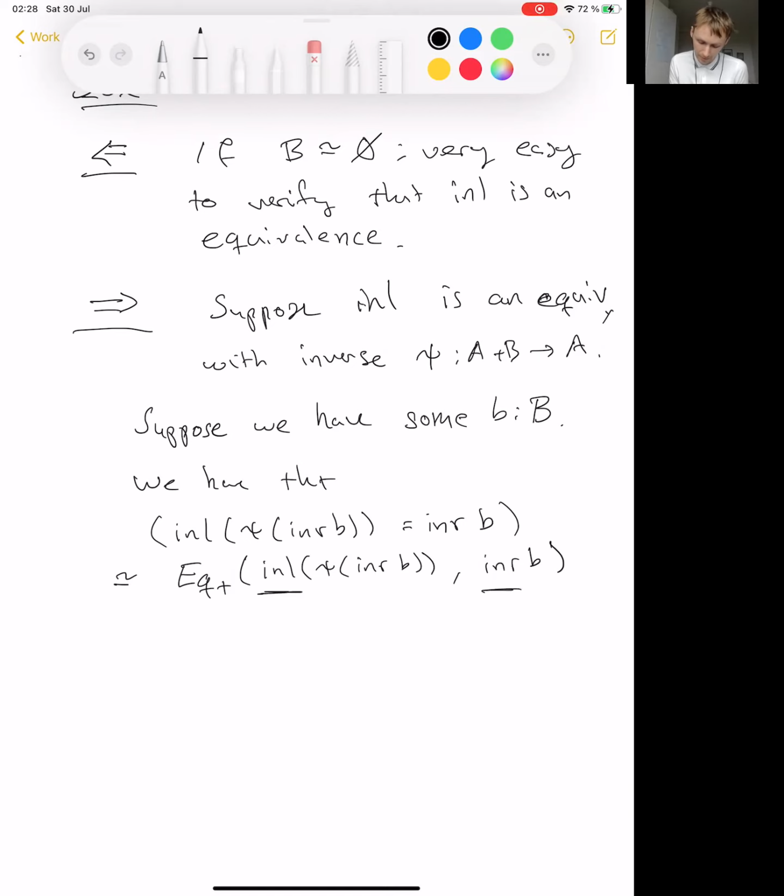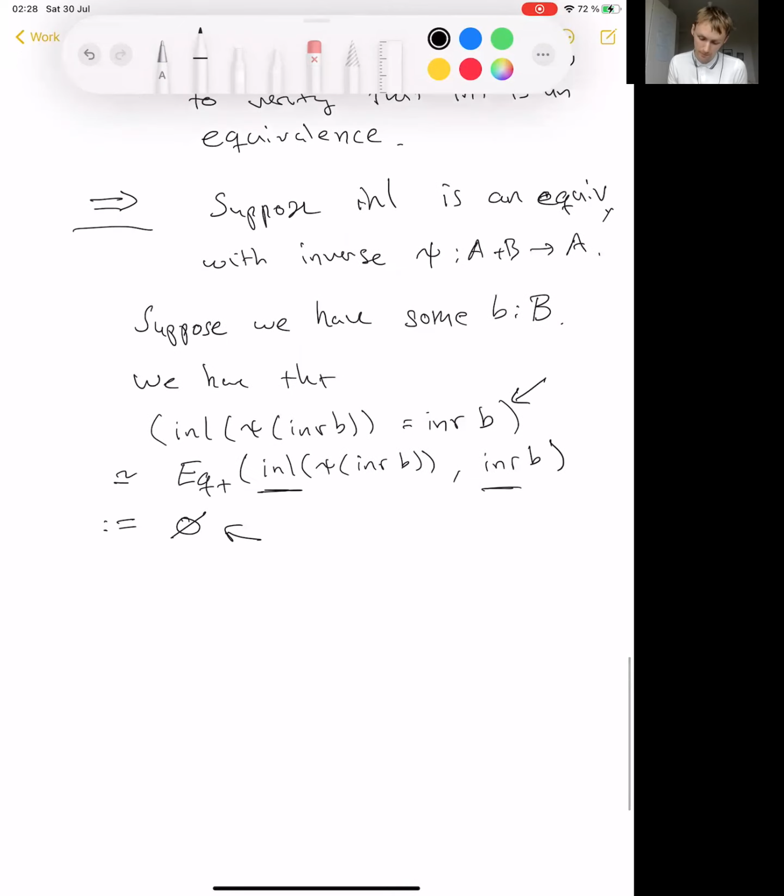Well, this was by definition the empty type. So since we have something in here, we have a proof of this, we also get a proof of the empty type. So we have constructed something that says that if we have b, then empty.